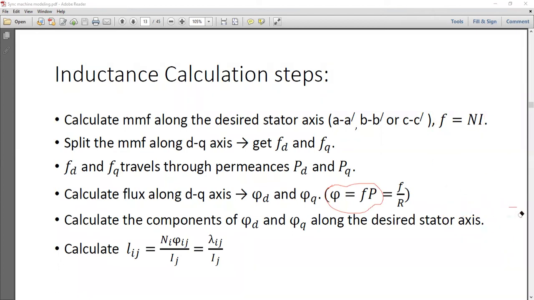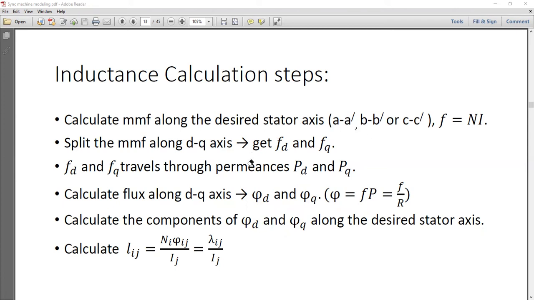Once we get the flux along the D and Q axis, we will calculate their components. We bring them back from D and Q. We calculate their components along the A, B, or C axis from where we started.